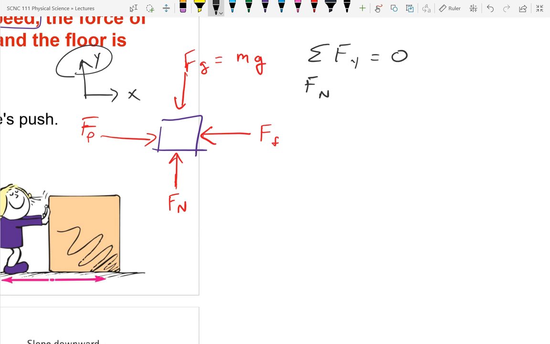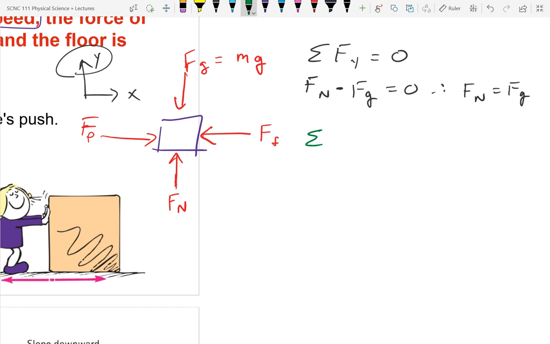Then there's one pointing opposite to it. Which one? Gravity. So I put a minus because it's the opposite force of gravity. The other two are perpendicular, so they don't matter. That is equal to 0, which tells us that the force normal is equal to the force of gravity in this case. Remember, I made a big deal last class period about not always. But you'll see it so often, you start to think maybe it is. So that's why I had to caution it's not always.